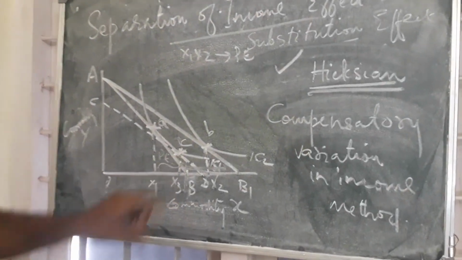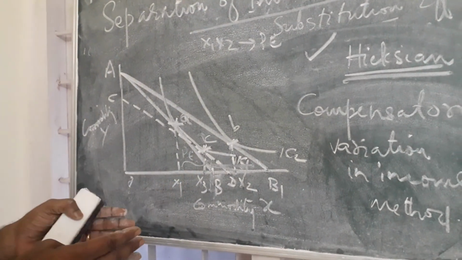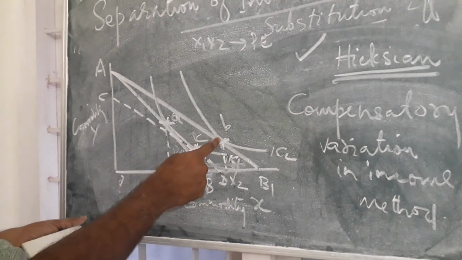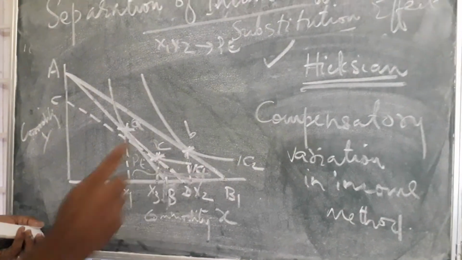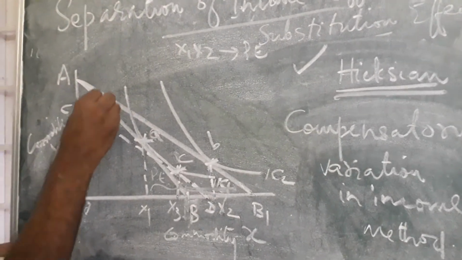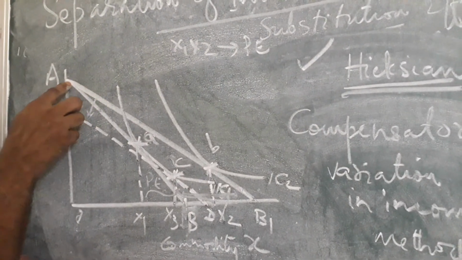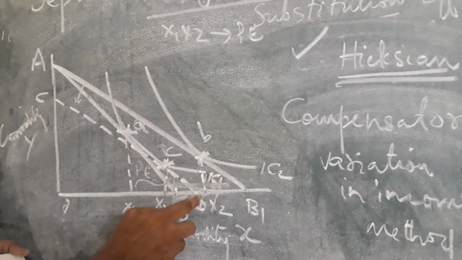In other words, we take away his income so that he comes back to the previous level of satisfaction, that is IC1. So we draw a parallel downward shift of AB1 to a new price line CD.